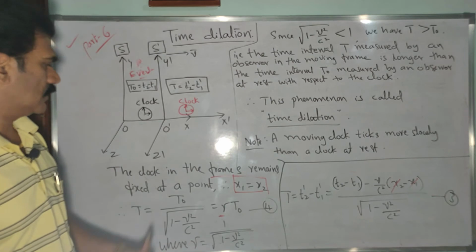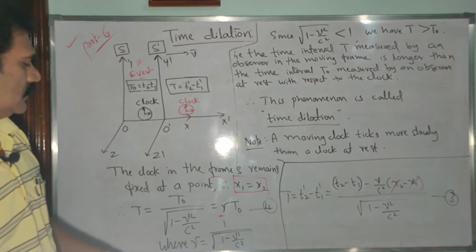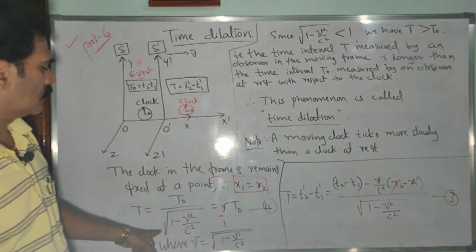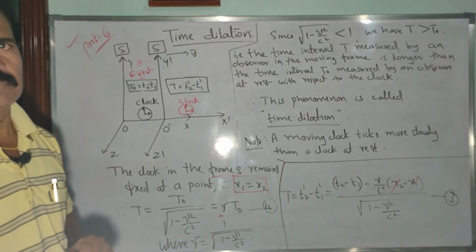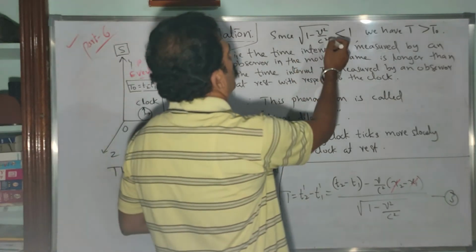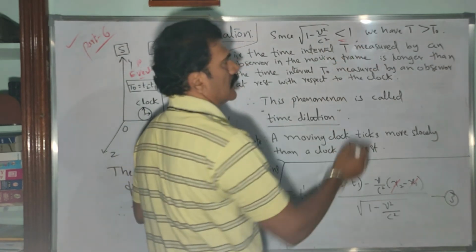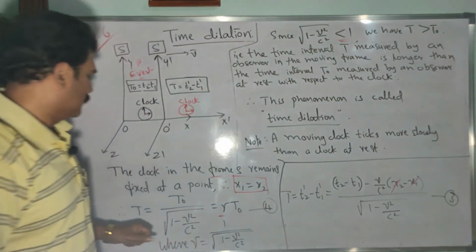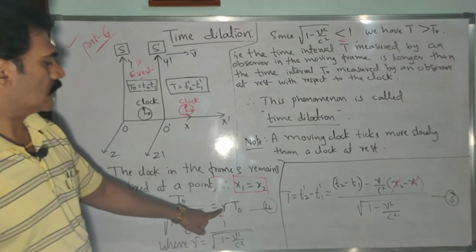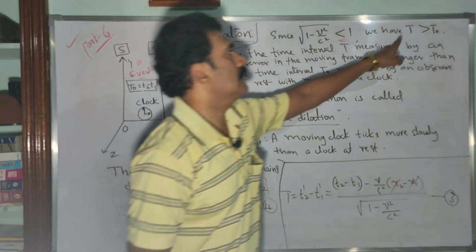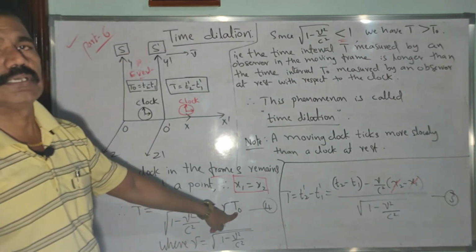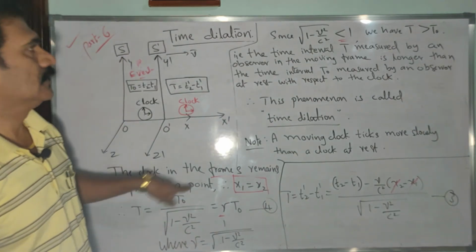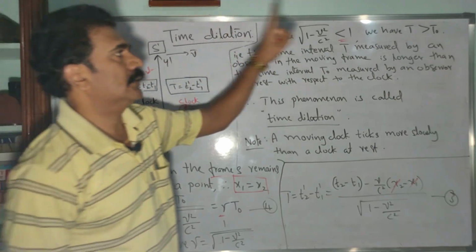Now, what is the conclusion here? The factor square root of 1 minus v square by c square is always a fraction, that means less than 1. Since it is always less than 1, the relation t is equal to gamma into t0 indicates that t is always greater than t0. By cross multiplication, t will be greater than t0.